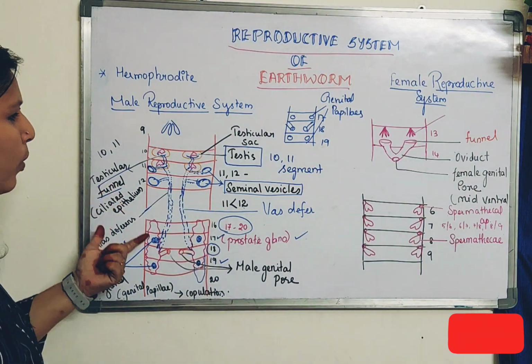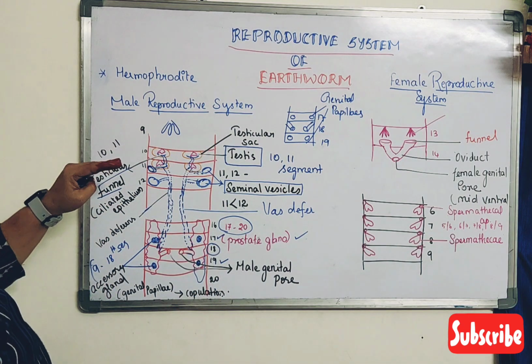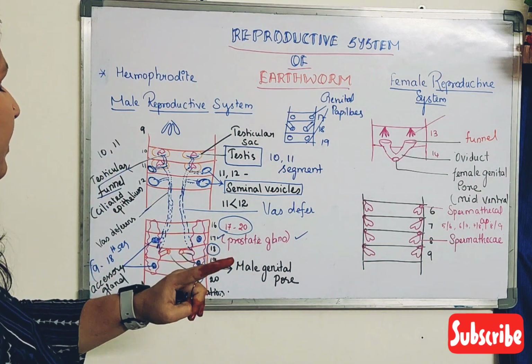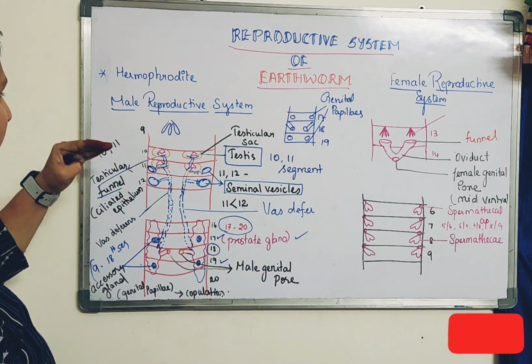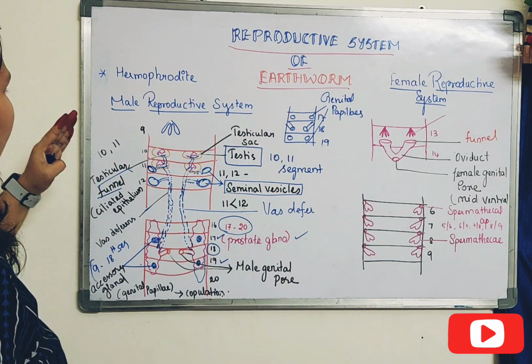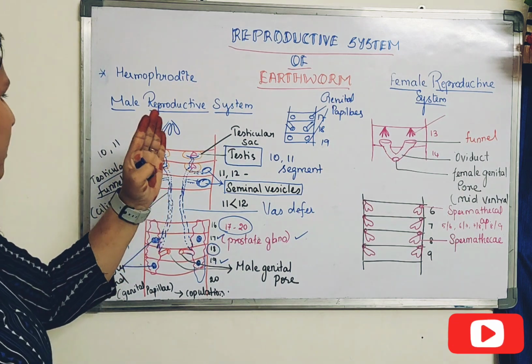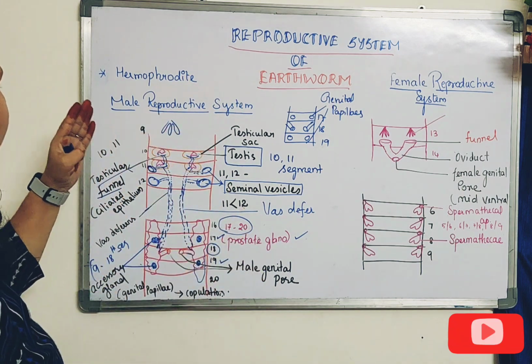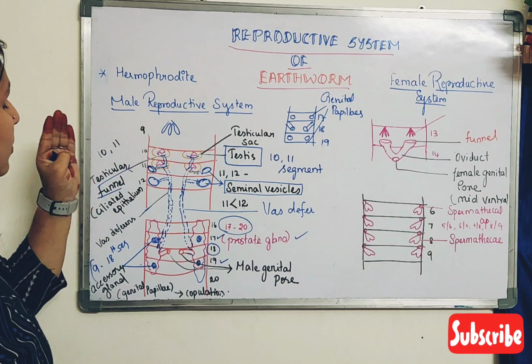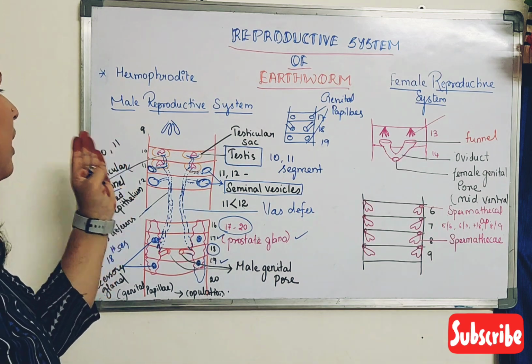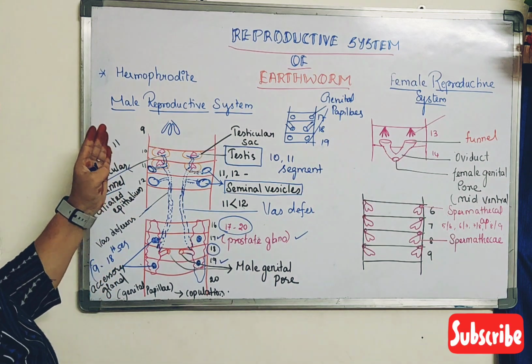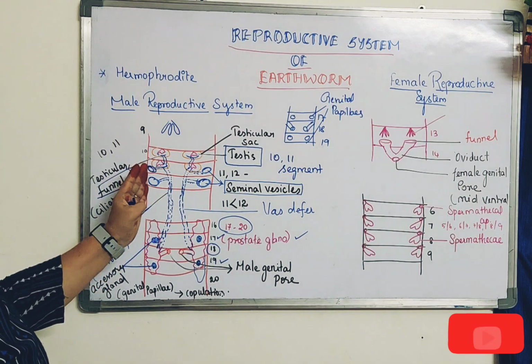If we are talking about the male reproductive system, two pairs of testes are present in the 10th and the 11th segment, surrounded by the testicular sac, and a small funnel-like structure arises from the testes.